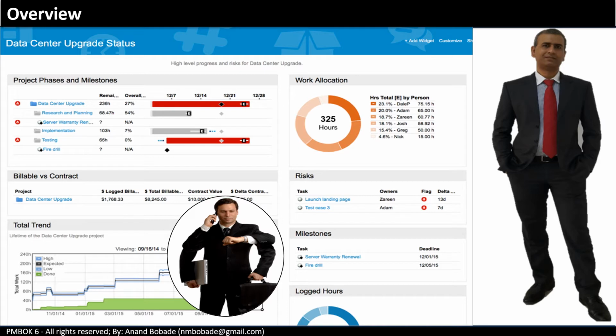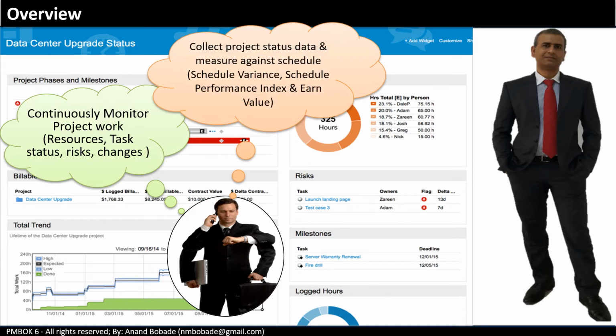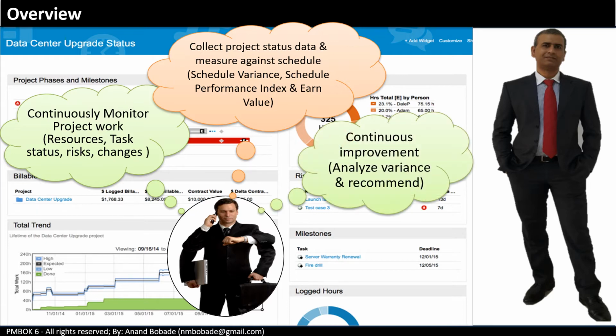It helps by continuously monitoring project work like resources and task status, collecting project status data and measuring it against schedule and cost. That can be SPI and CPI, that's the schedule performance index and cost performance index. Also continuously improve by analyzing variances and recommending corrective actions. This is an iterative process which is executed throughout the project life cycle.